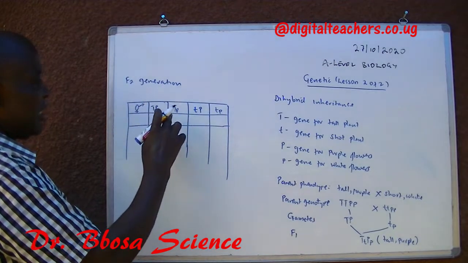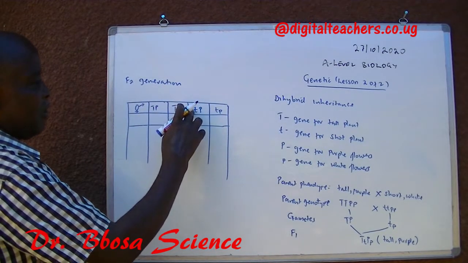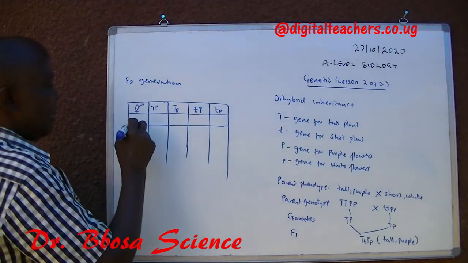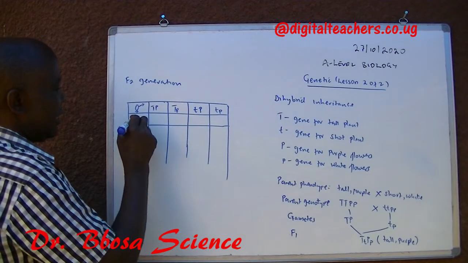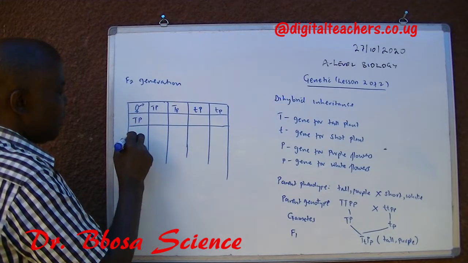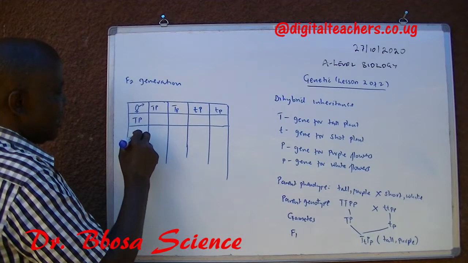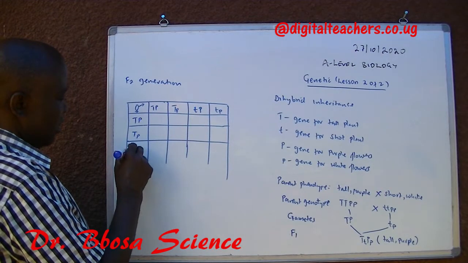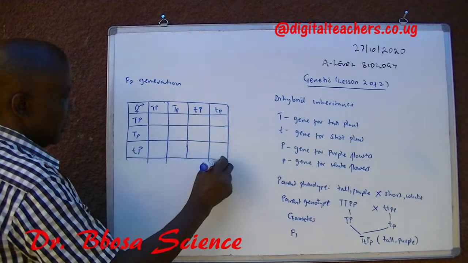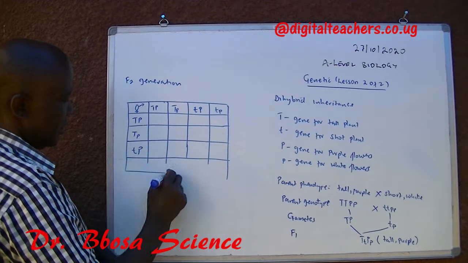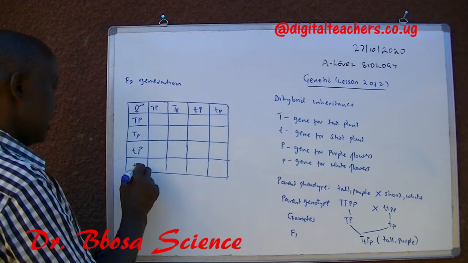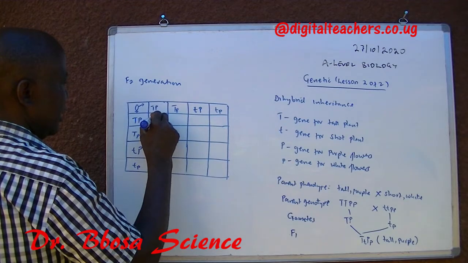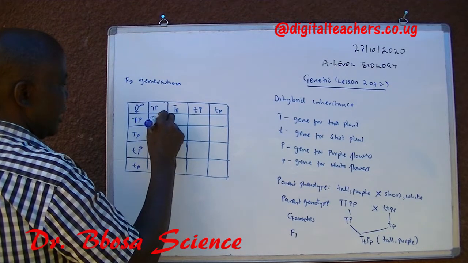Another will also produce similar gametes: capital T, capital P, capital T, small p, then small t, capital P, and then lastly small t, small p. When these two meet, you form capital T, capital T, capital P, capital P.